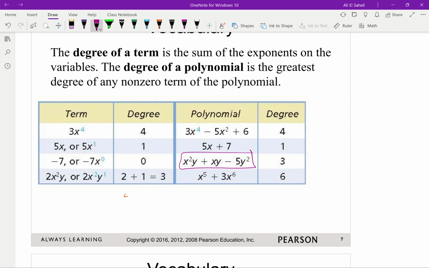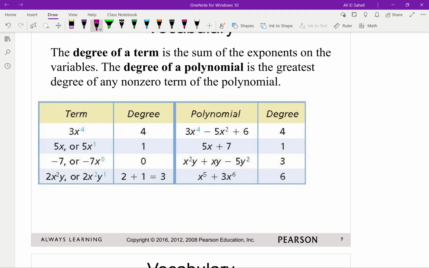This is a polynomial in 2 variables, and you have x squared y plus xy minus 5y squared. All right. In this case, it looks like there is a mistake here. In this case, the degree has to do with the variables, right?